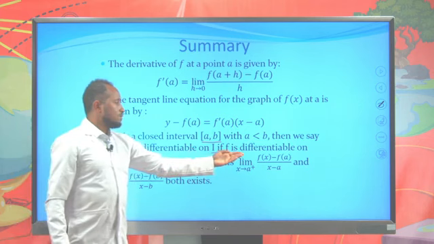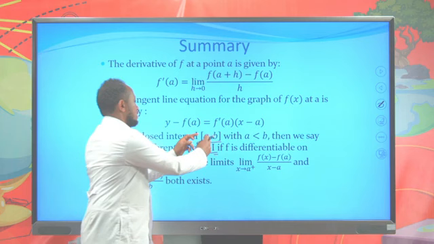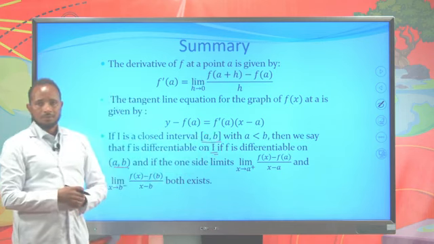If these two exist, it is differentiable on the closed interval AB.